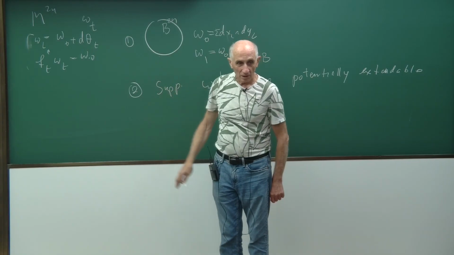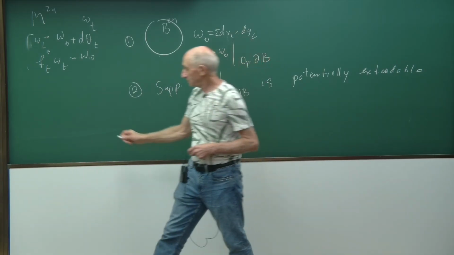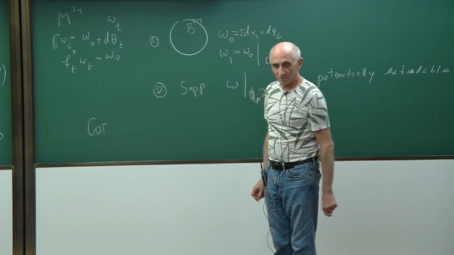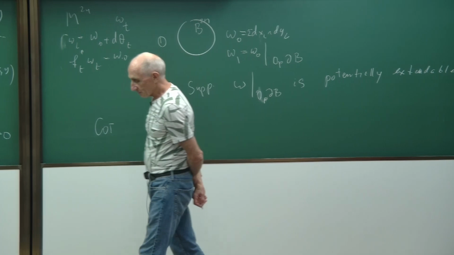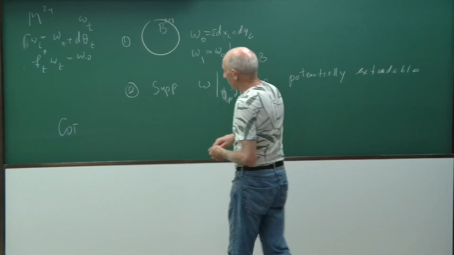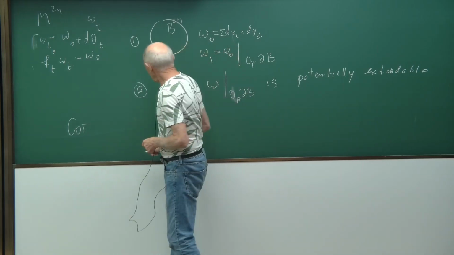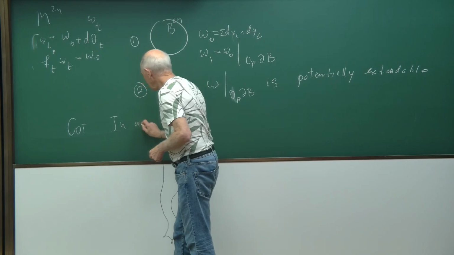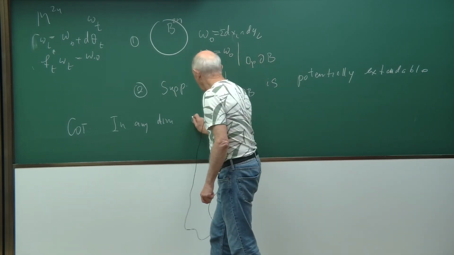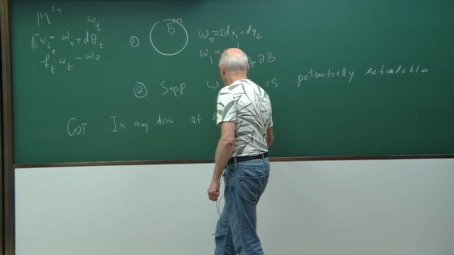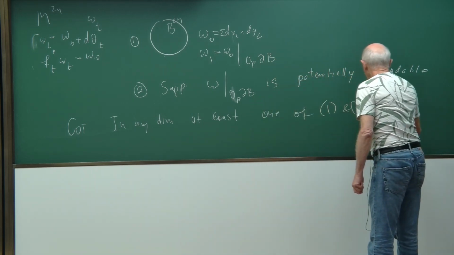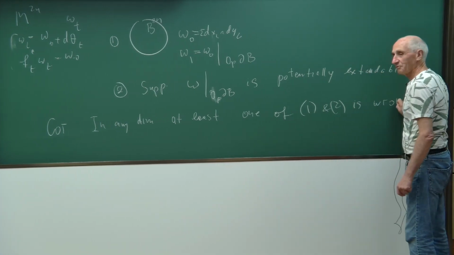So you can ask. The corollary of what I proved yesterday, our theorem about this case of the Arnold conjecture for torus, is that in any dimension, at least one of 1 and 2 is wrong, meaning it has a negative answer.